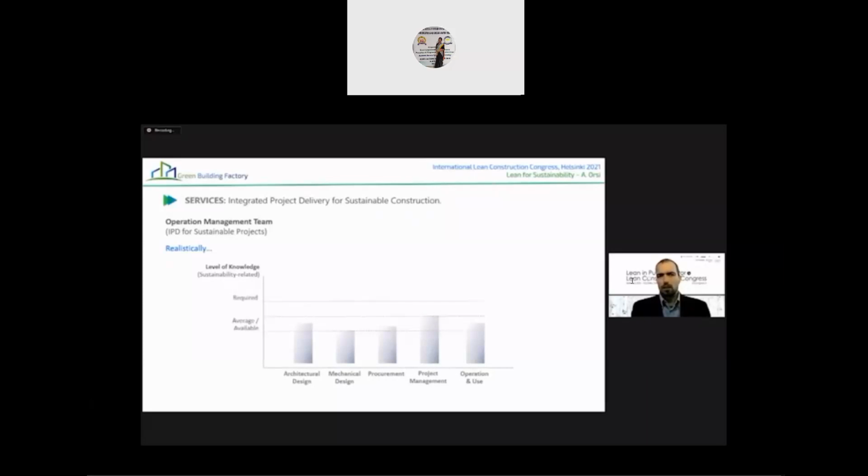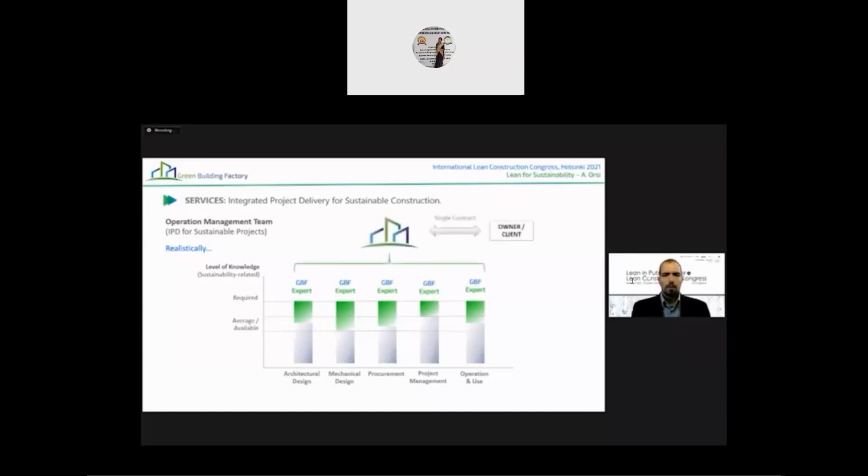So the idea of having an expert on top of each field is also to integrate the lack of knowledge for each field and bring everybody to the same level. Plus, all the experts would be connected, so if there's a problem on the other side, the communication is much quicker. So that's how we try to create an IPD for a sustainable project.